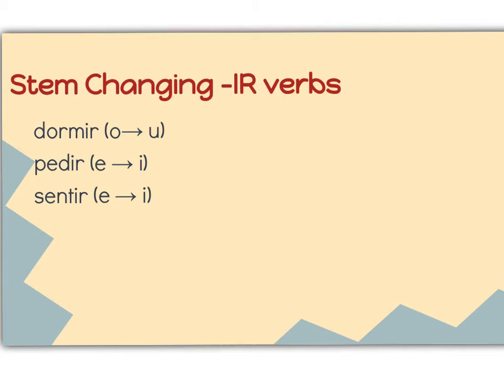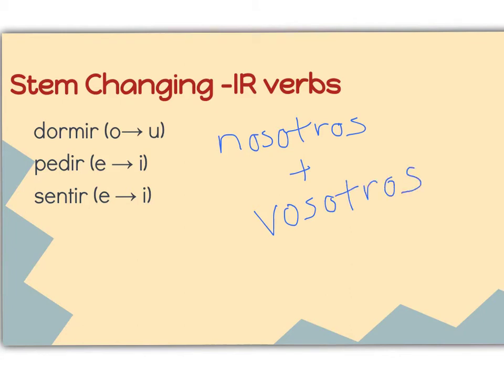However, in the nosotros and vosotros forms, I have to stem change to these. So O goes to U. If it's an E to I stem changer, it will go E to I. If it's an E to IE stem changer like sentir, it will go E to I.